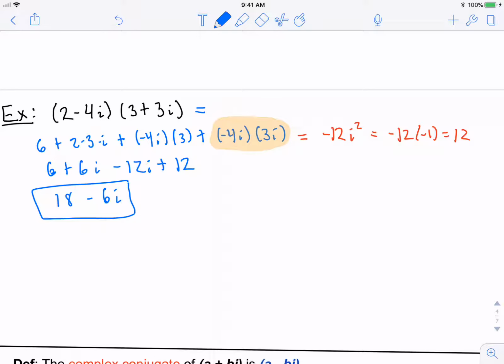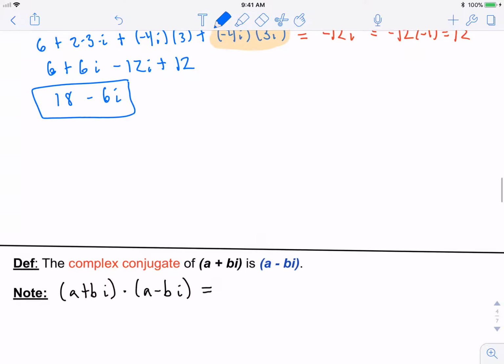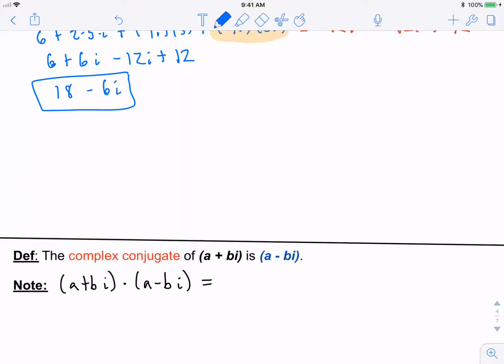Now before we define division, we need to come up with one more term. And this is the complex conjugate of a complex number. So the complex conjugate of a plus bi is a minus bi. The reason why we need to change the imaginary part comes when we multiply these out here.